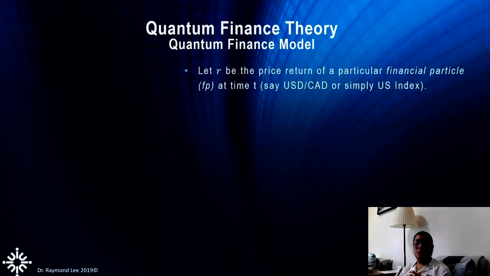Quantum finance model. For example, remember in the last lecture we talked about when we try to model the Schrödinger equation, what kind of entity we want to make an analog with the x? In fact, it's the return, right? Because of two reasons.